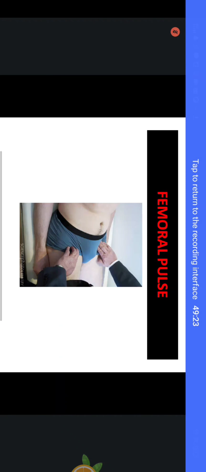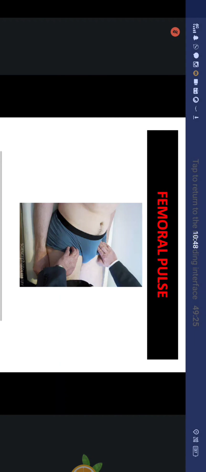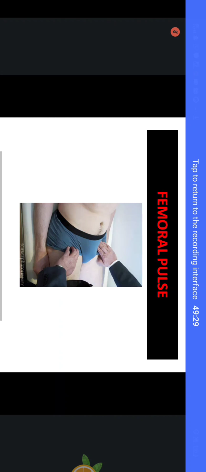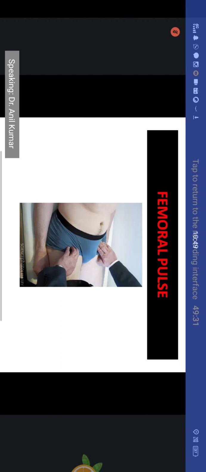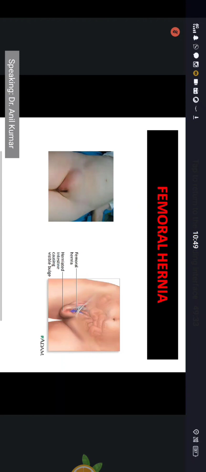Next, femoral pulse. Just now I said femoral pulse can be felt in this groin region. Next, femoral hernias.